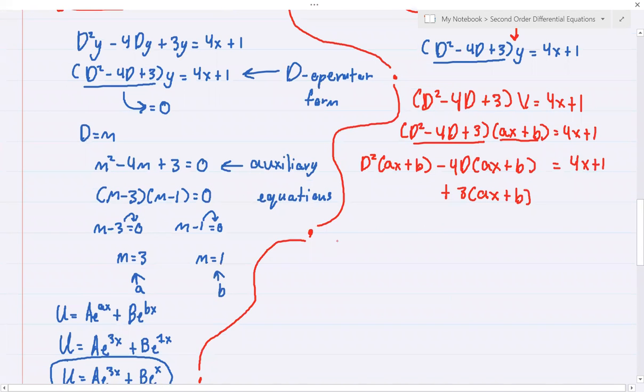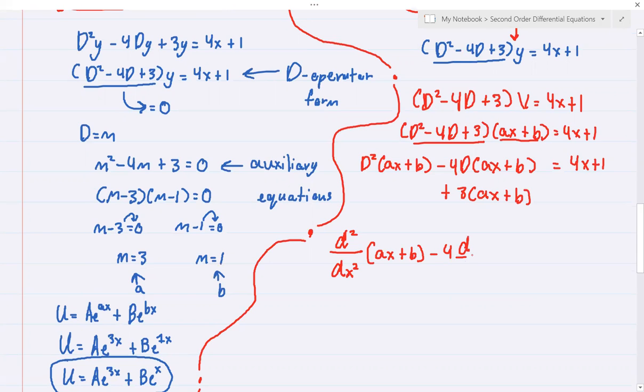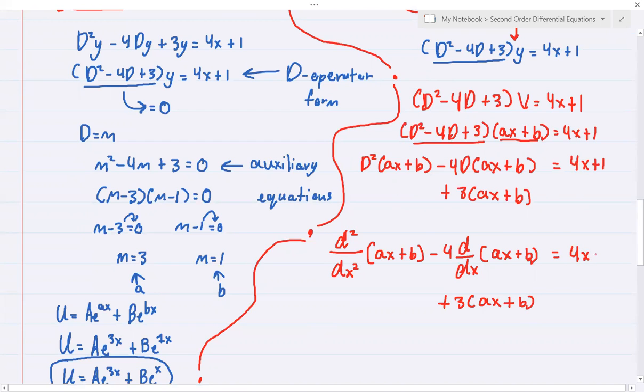So therefore, this d squared will become d squared all over dx squared of ax plus b, minus 4 times d all over dx of ax plus b, there you go, then plus 3 times quantity ax plus b, is equal to 4x plus 1.